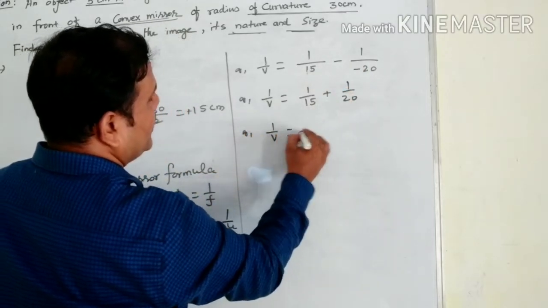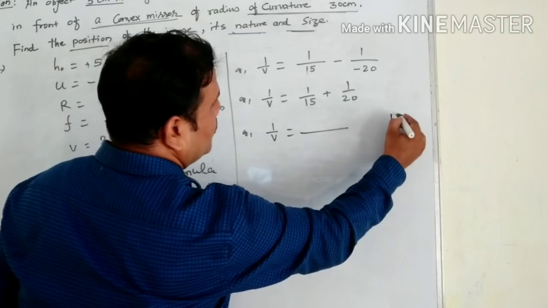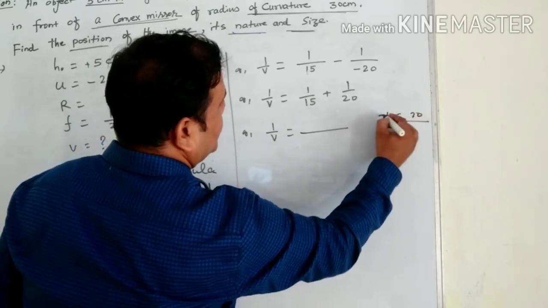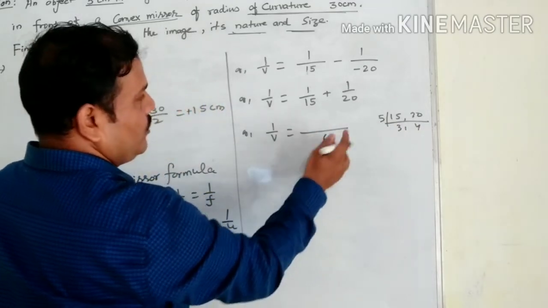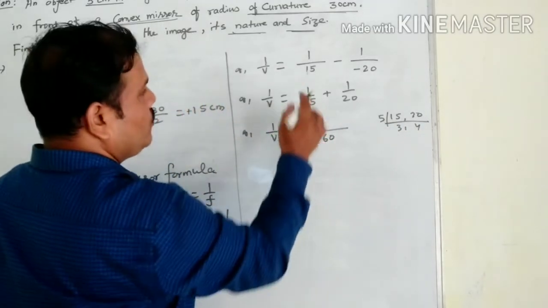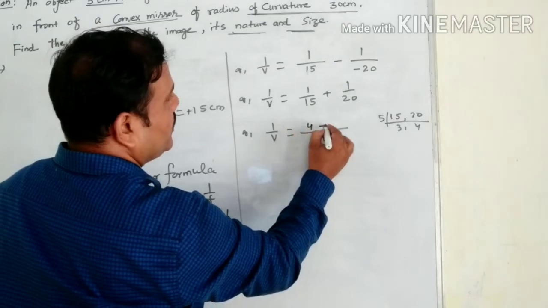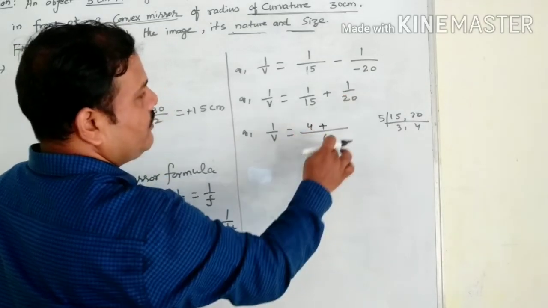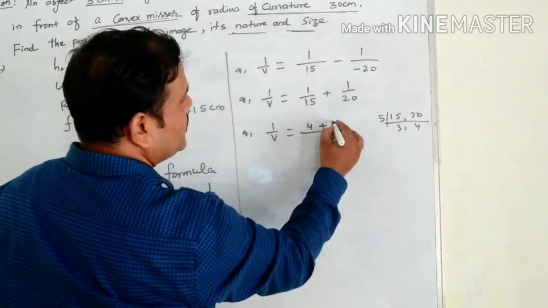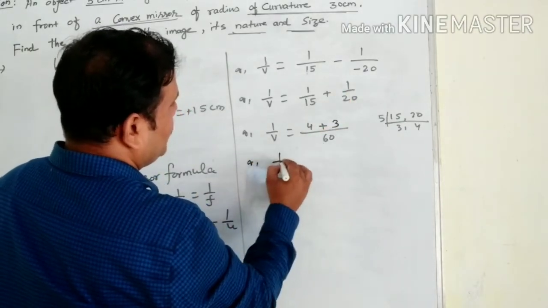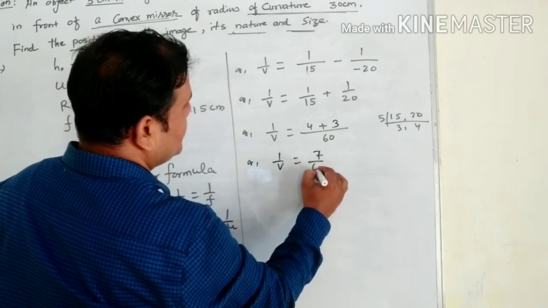Take the LCM: 5 3s are 15, 5 4s are 20, so it will be 60. You divide it, you will get 4, 4 into 1, it will be 4, plus 12 from dividing 60 by 5 gives 12, 12 3s are 60, 3 into 1 is 3. So 1 by v you got here is 7 by 60.